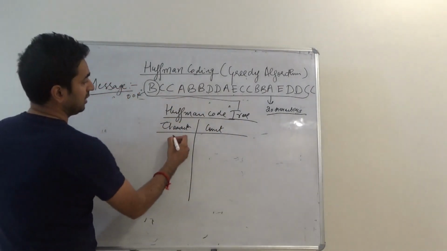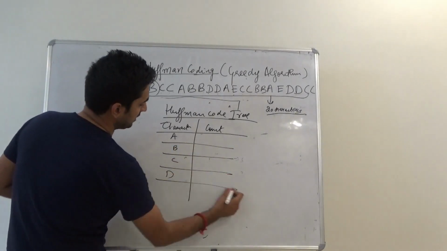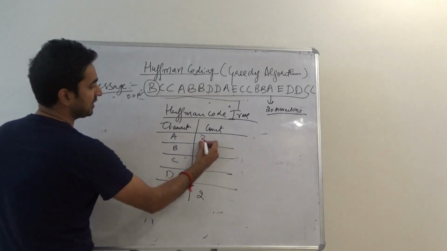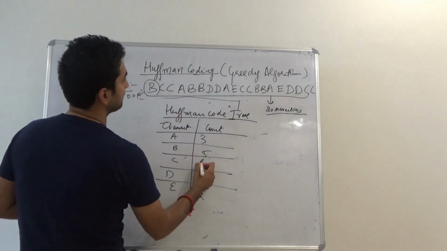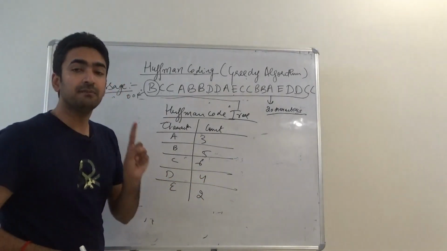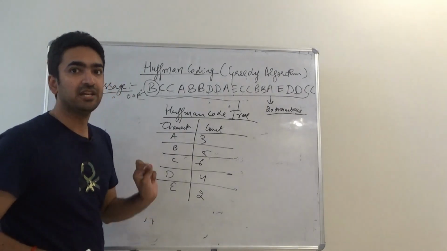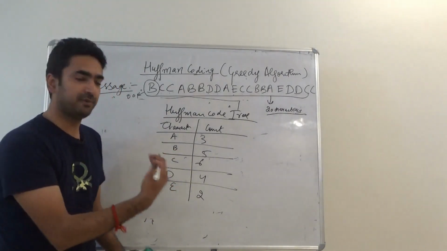Now let's see, A, B, C, D and E. E is appearing 2 times, A is appearing 3 times, B is appearing 5 times, C is appearing 6 times and D is appearing 4 times. Now on the basis of their appearance I will create a tree. How? Obviously I'll start from a lower perspective.